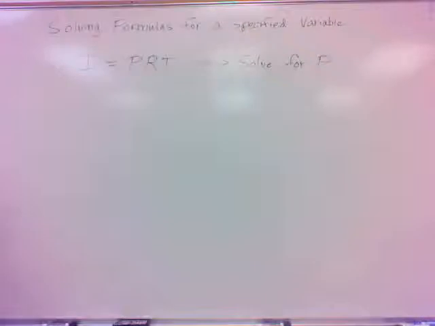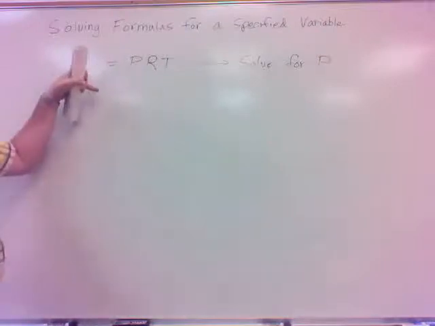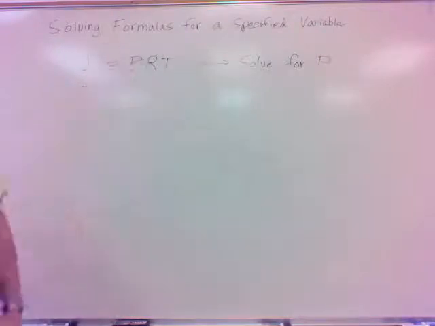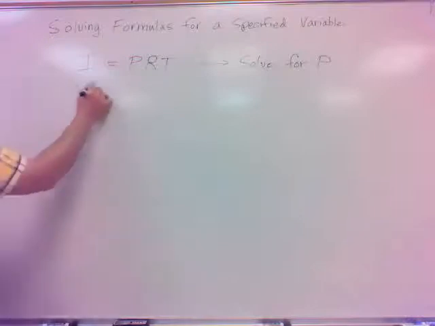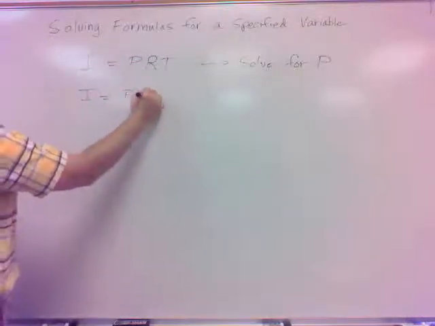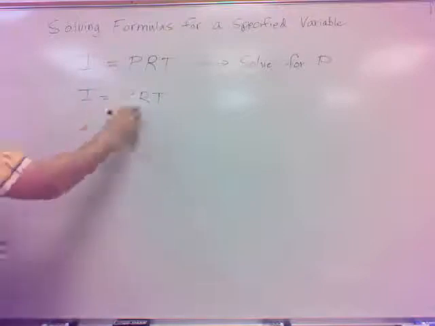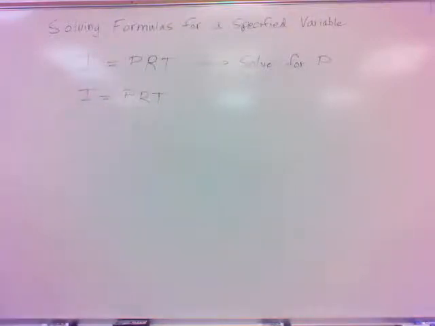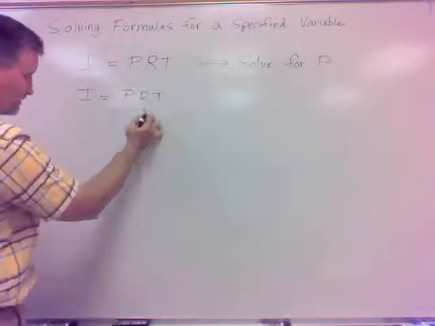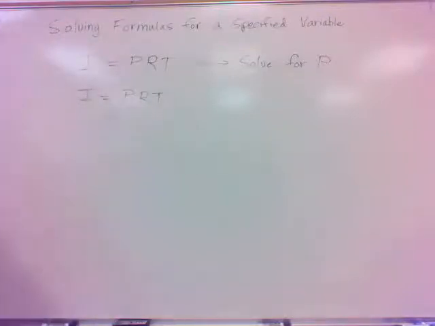And so what that would mean, of course, is instead of having an I by itself in this equation, I want to have the p on its side by itself. So let me rewrite my formula and think about that. How would I go about getting the p on its side by itself? Well, obviously I've got to get rid of the r and the t.